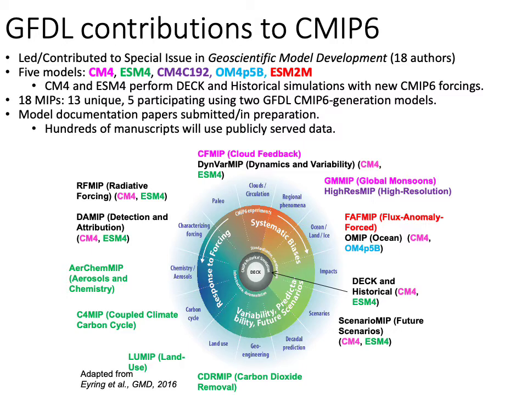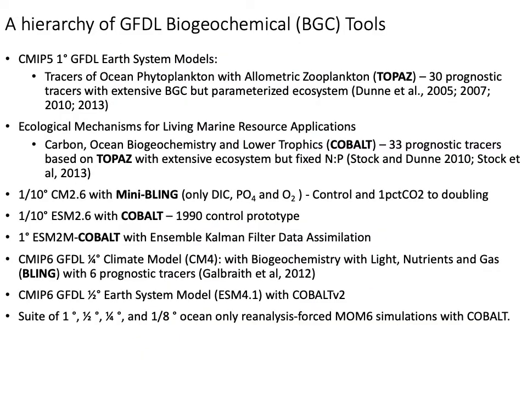CMIP6 was a very comprehensive and diverse suite of different model intercomparisons, including a standard description of idealized and historical forcing, the future scenarios, a carbon dioxide removal intercomparison, land use, coupled climate carbon, aerosols and chemistry, detection attribution ensembles, radiative forcing, cloud feedbacks, monsoons, and flux anomaly forcings, all of which are publicly available on the ESGF website.